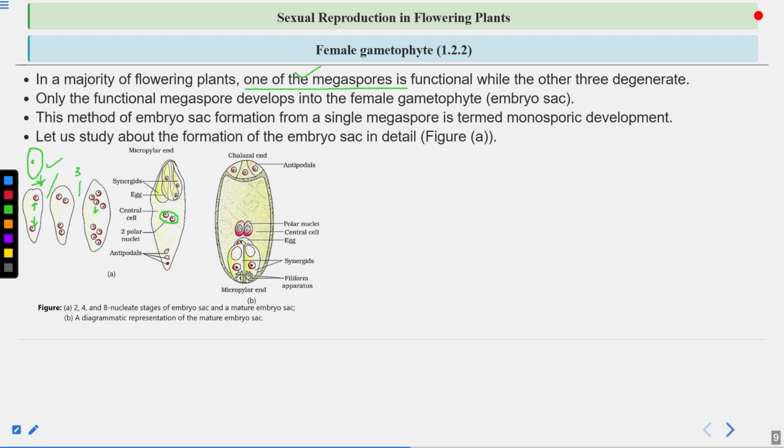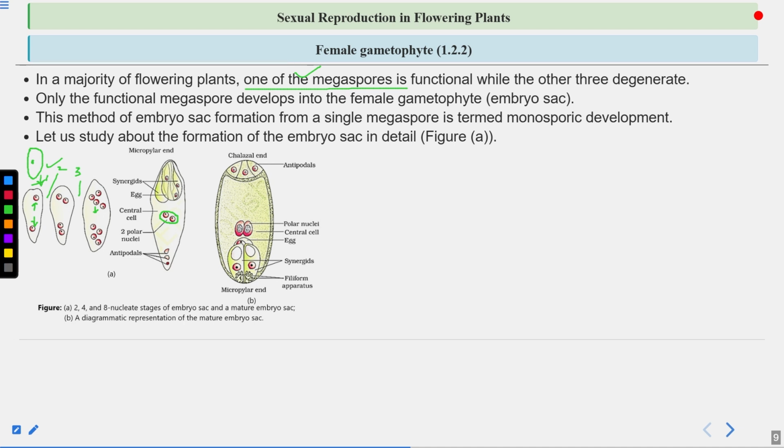After the third, you have 8 nuclei in one megaspore. In the examination it can be asked whether both polar nuclei come from the micropylar end or the chalazal end. No, one nucleus comes from the micropylar end and one from the chalazal end, to the center, and they are called the two polar nuclei.